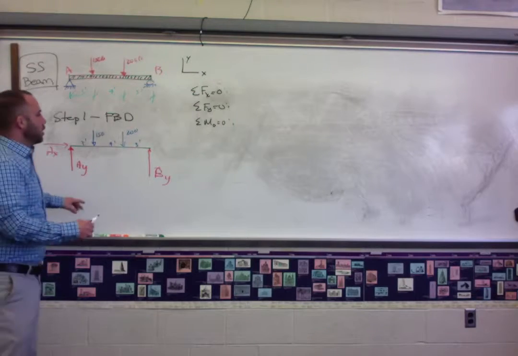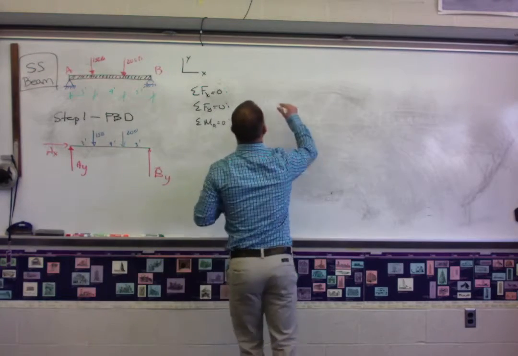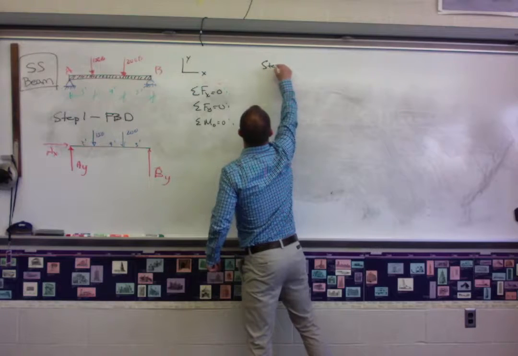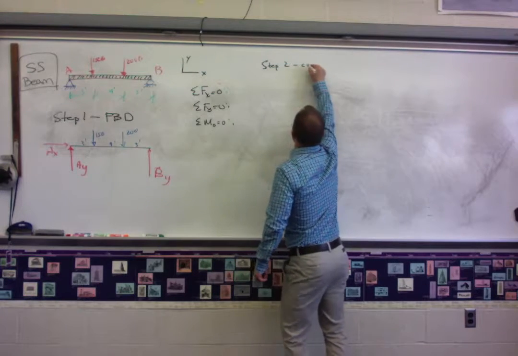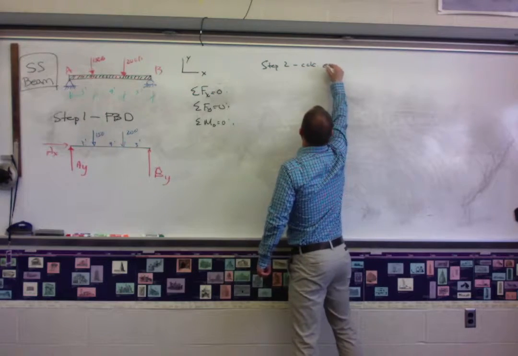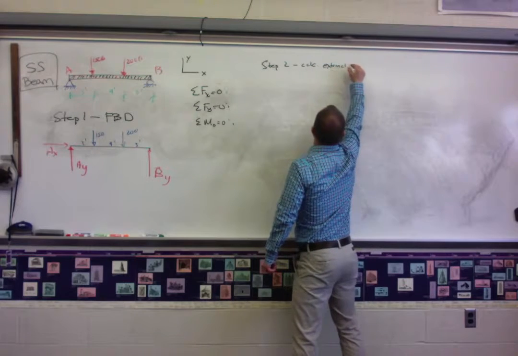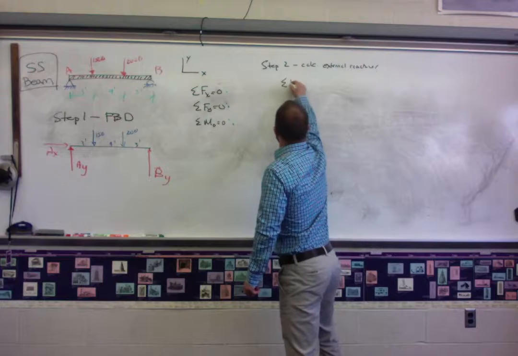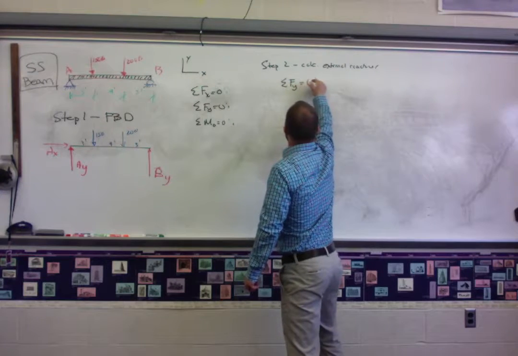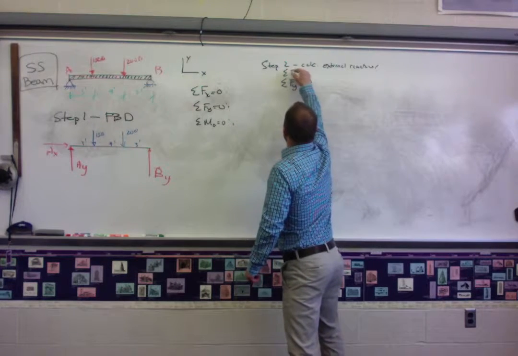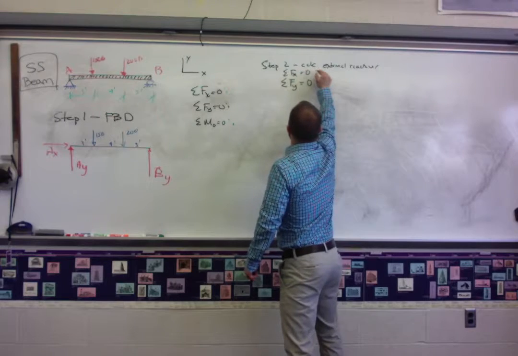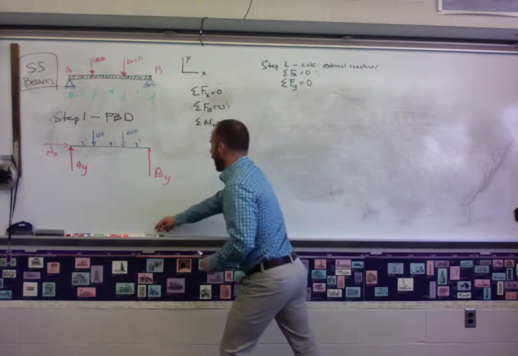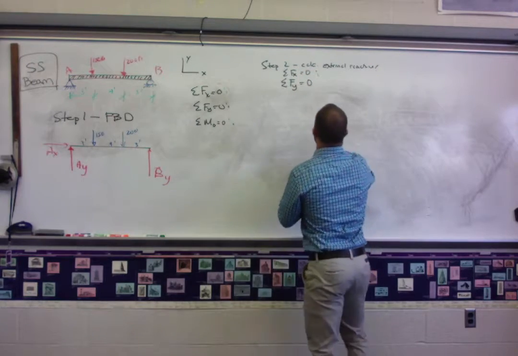So next thing, step 2 is to calculate the external reactions. How do you do that? Let's verify Jameson's claim. So Jameson, there's nothing acting in the X other than AX.